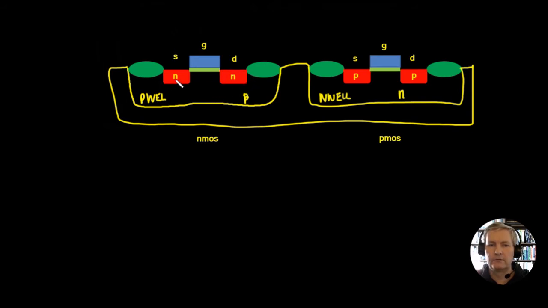So that's the active region for our NMOS, and here's the active region for our PMOS device. And we'll also look at the actual well. And of course, we're going to have contacts down onto this well and also down onto this well.